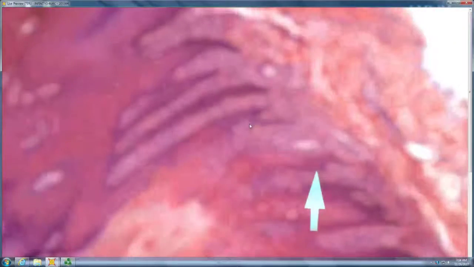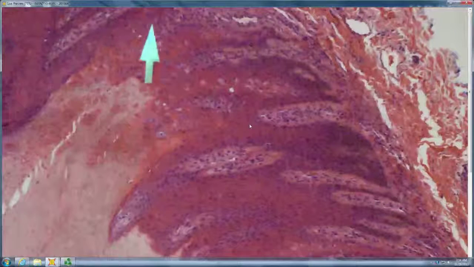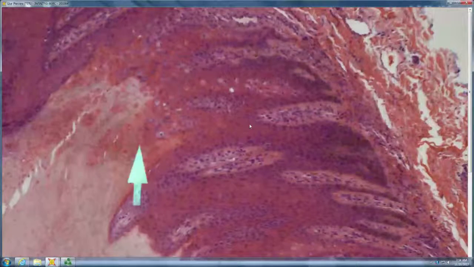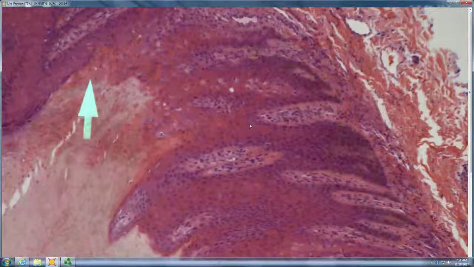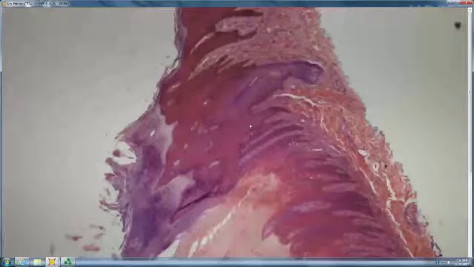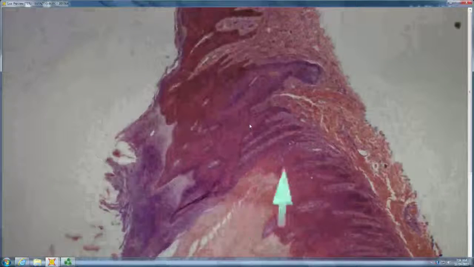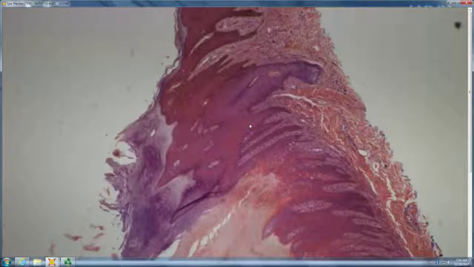Anything helpful at the edge that could explain what's going on here? So there is some dyskeratosis. Dyskeratotic cells, and they form a wedge with a column of parakeratosis.